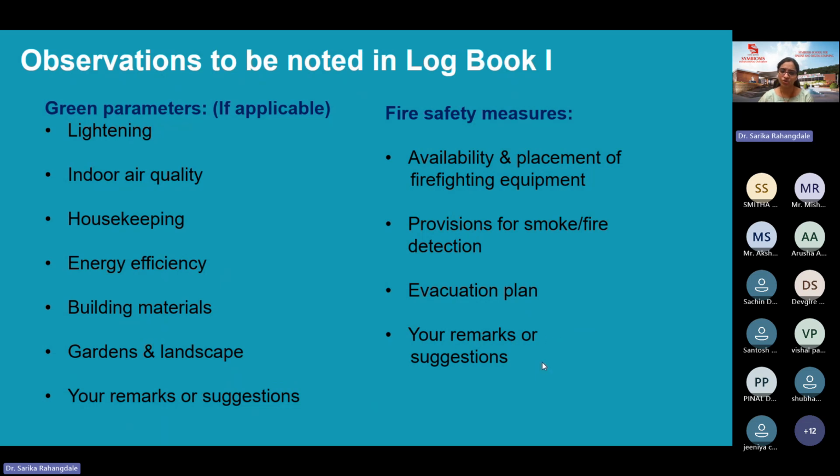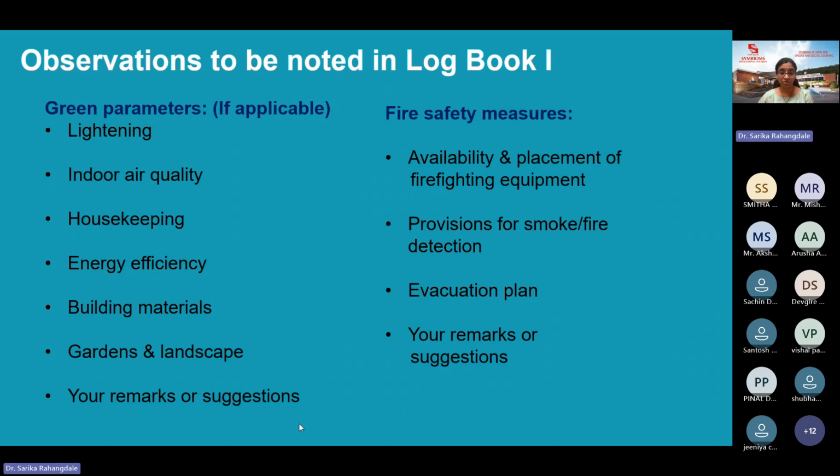Is there any manual for fire safety? How frequently are they doing the drills? Are drills being planned or not? Whether the evacuation plan is in place or not? Whether the assembly area is highlighted, whether the staff are really aware of it or not. You will write about it in the fire safety measures, and you will also write your remark or suggestion if any.